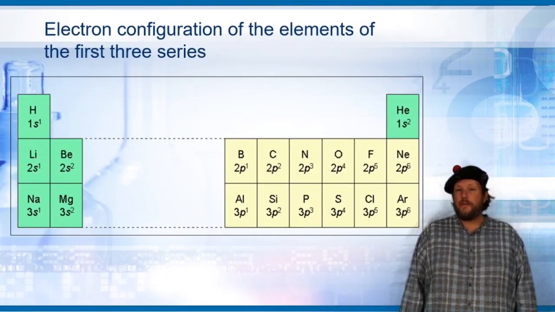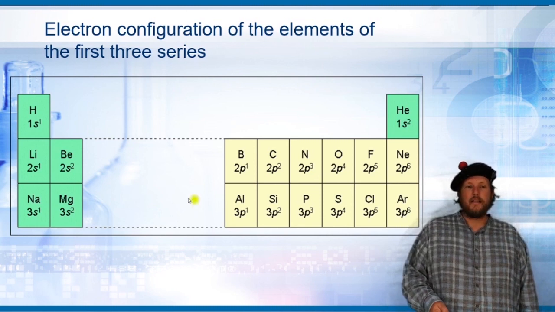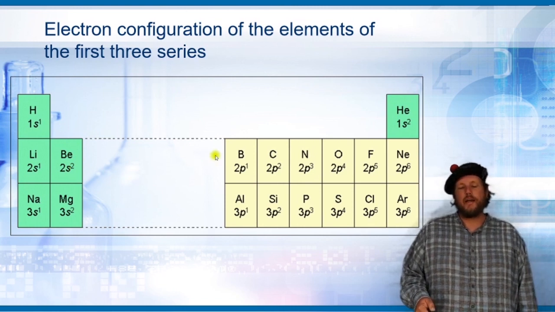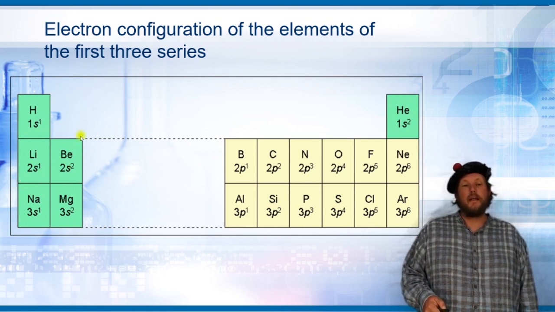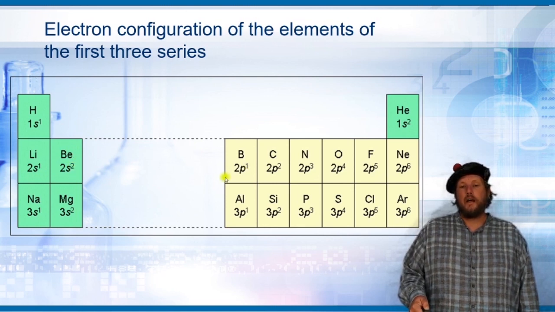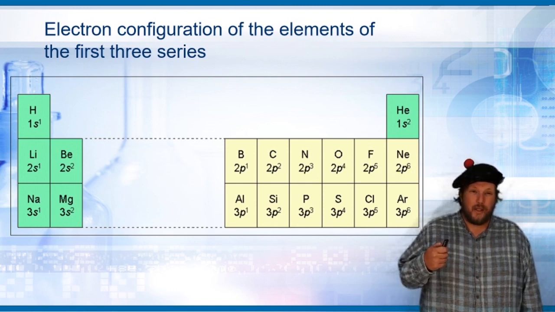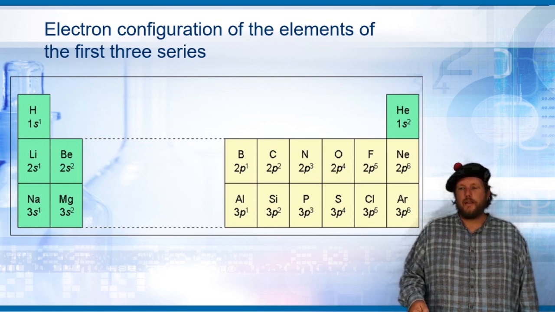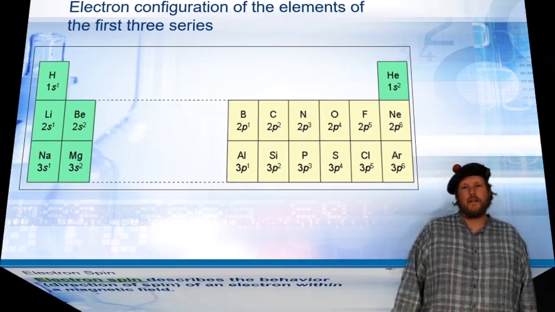Now, the electron configurations of the first series: hydrogen is 1s1, helium 1s2, lithium ends in 2s1, beryllium 2s2, boron 2p1, 2p2, 2p3, 2p4, 2p5, 2p6. This is how the electron configuration ends, not necessarily how it starts. But what you assume is that oxygen has 1s2, 2s2, 2p4. I'm going to show you how to do that and how to develop that series.